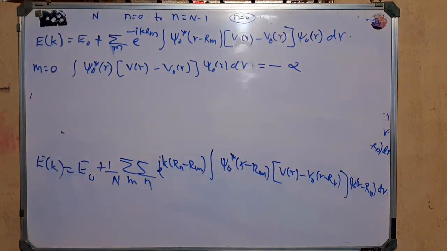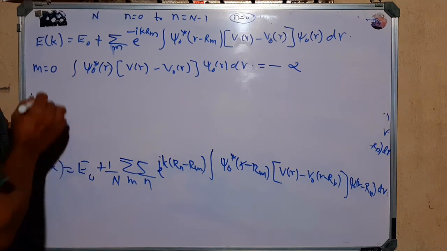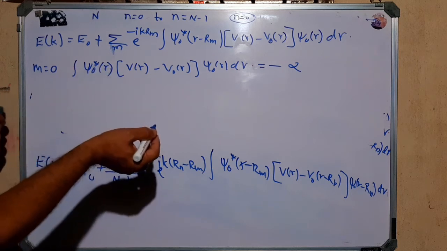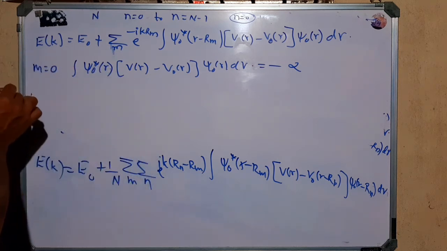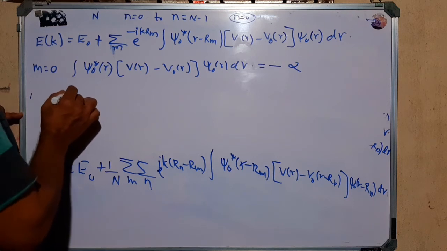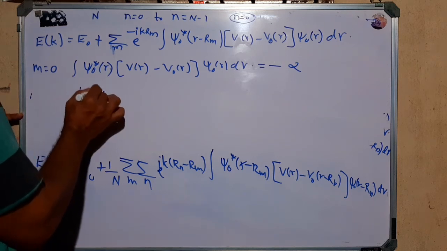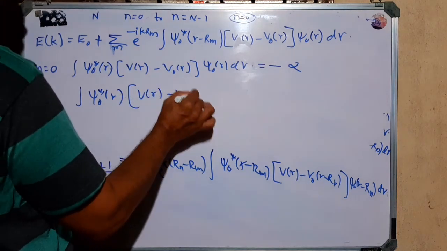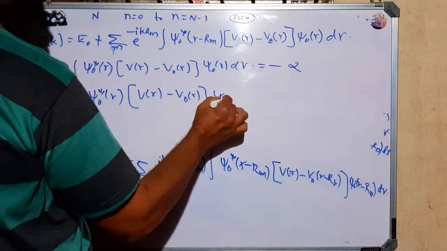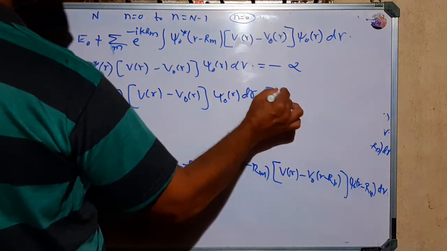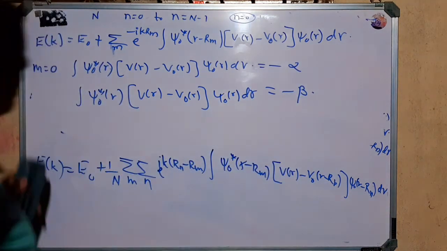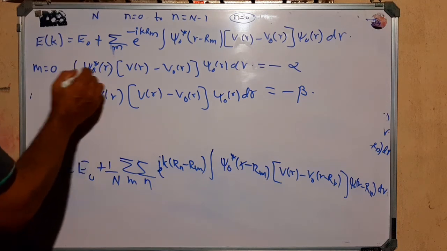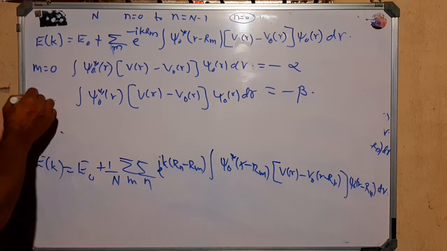Next, if you consider the nearest neighbors other than 0, we can write this expression as xi naught star of R into [V of R minus V naught of R] into xi naught of R dr. This can be taken as minus beta. So this is for m equal to 0, and this is for the nearest neighbor.